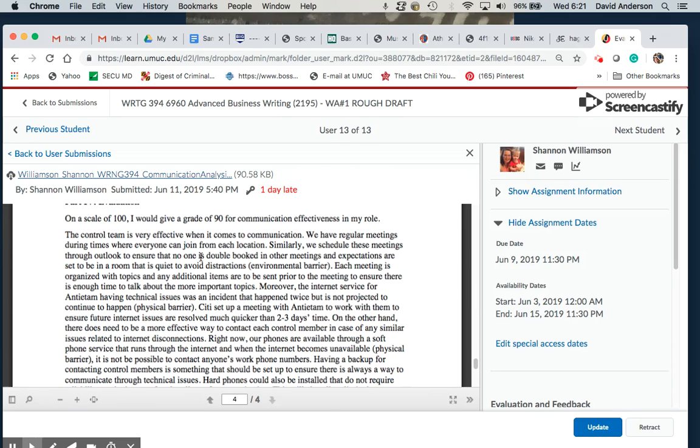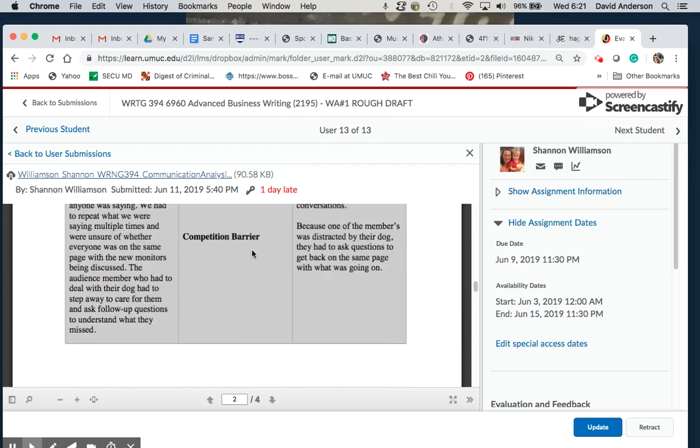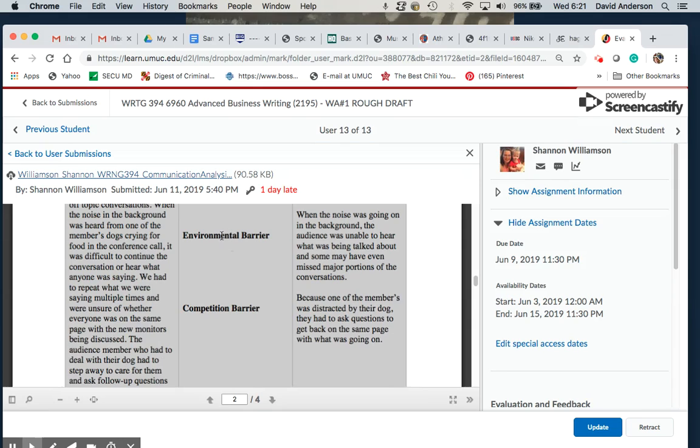Now in your analysis, I'm going to back up for just a second. We describe one situation, identify the barrier, and then analyze how the barrier comes into play. View this table as your data table. This is the specific instance, this is what we're going to call it, and this is why we're going to call it that.